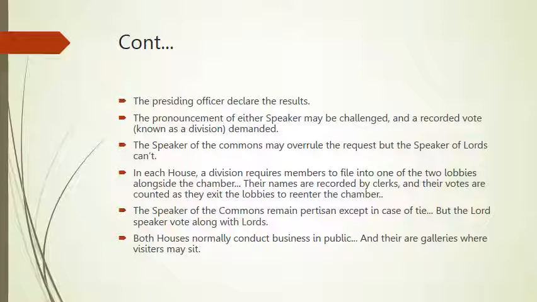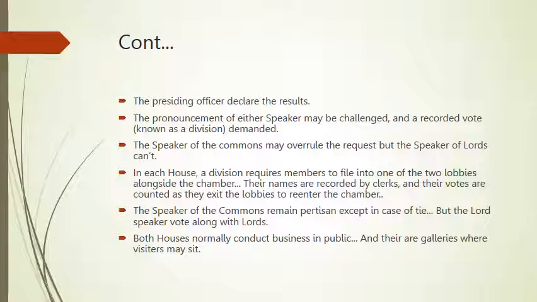The Speaker of Commons remains impartial except in case of tie. But the Lord Speaker votes along with Lords. That is, the Speaker of Commons can't vote. Speaker of Commons remains impartial. He does not vote in day-to-day matters.